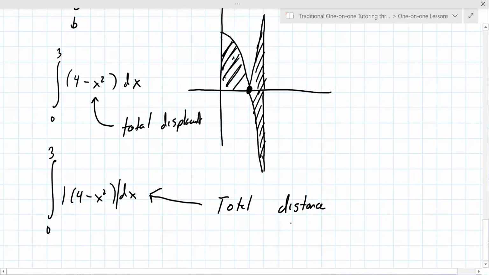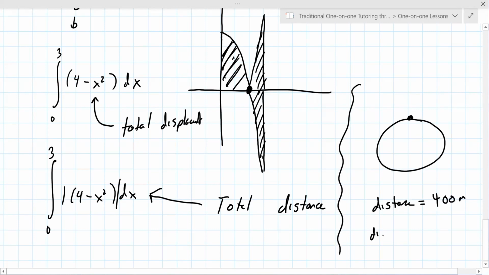Okay, but what's the difference between the displacement and the distance again? I'm going to go back to our track example. If you go all the way around the track, your distance is 400 meters, but your displacement is 0. Exactly where you started.